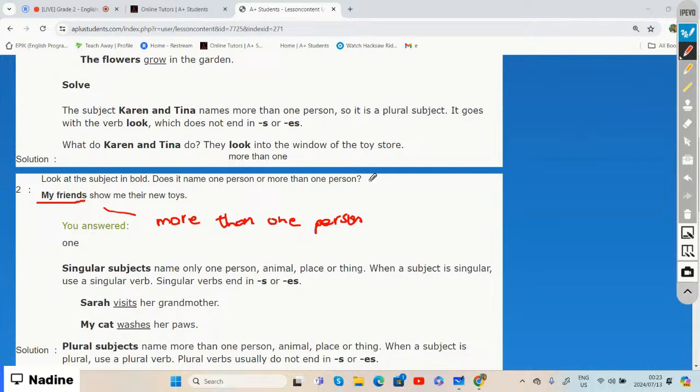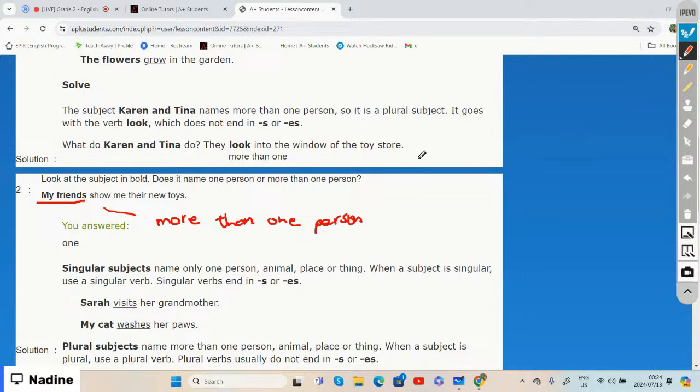And the reason why it refers to more than one person is because my friends, it's two or more friends that he or she is mentioning.